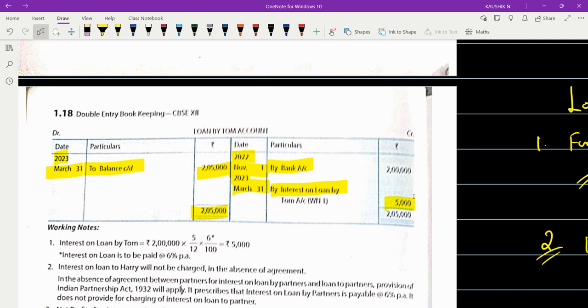Once we are complete, let me know, Kana. The entry, journal entry, as well as this ledger account.